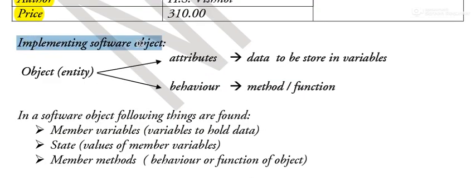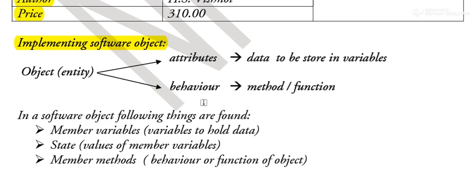Implementing software objects means how real-world objects can be implemented in software. We know that every object has some attributes and behaviors. Attributes are implemented using variables or data, and behaviors are implemented using methods or functions.